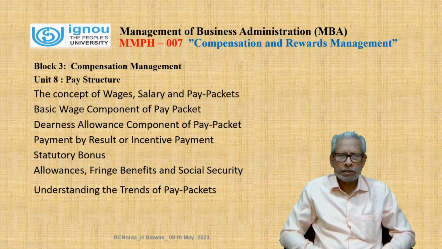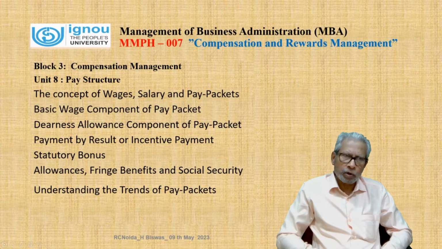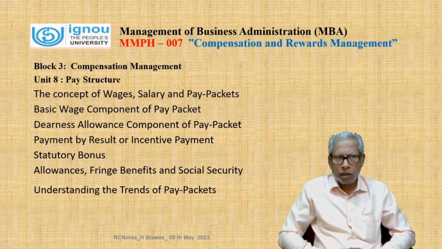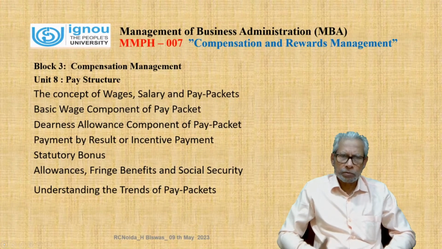Then what are the allowances, fringe benefits, and social security? All these areas are important. Understanding the trends and pay patterns. So in unit number 8, cover all these things: composition and components of your pay packet, allowances, fringe benefits, social security.